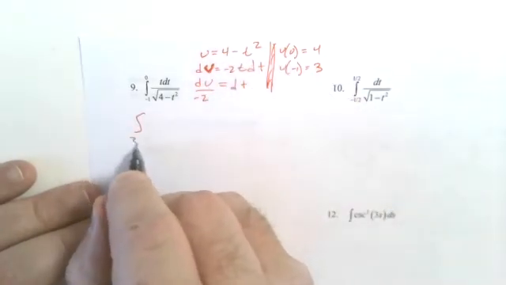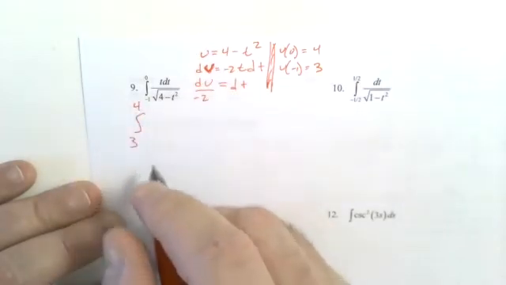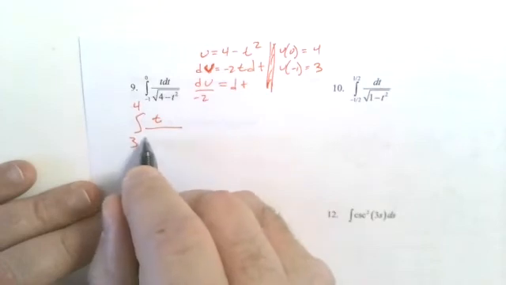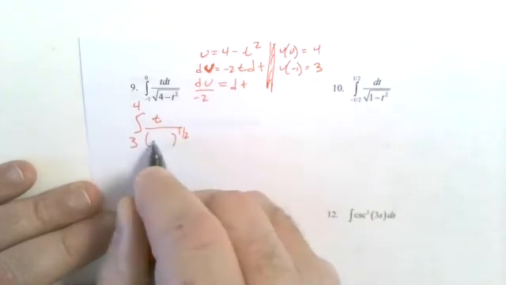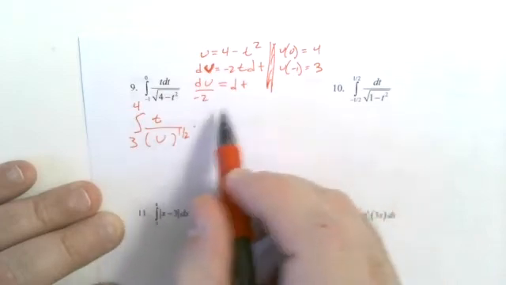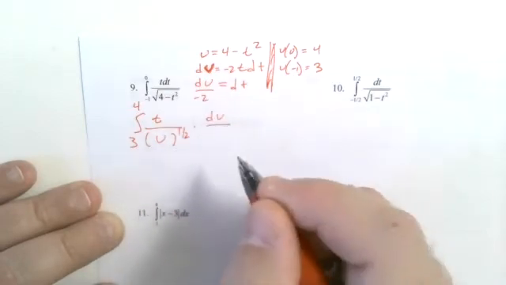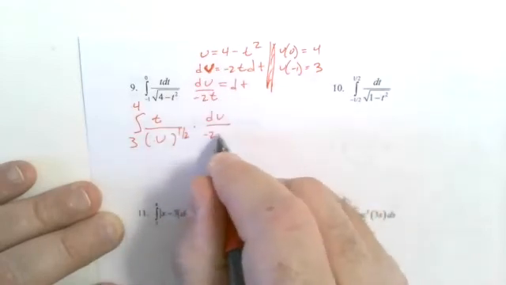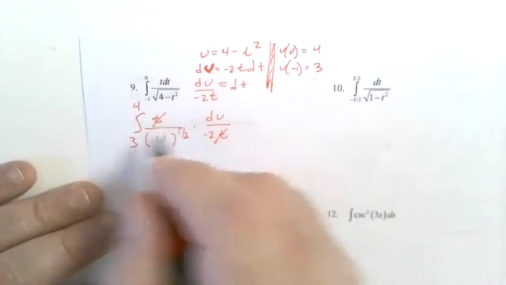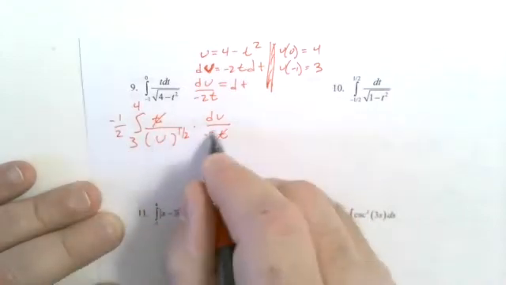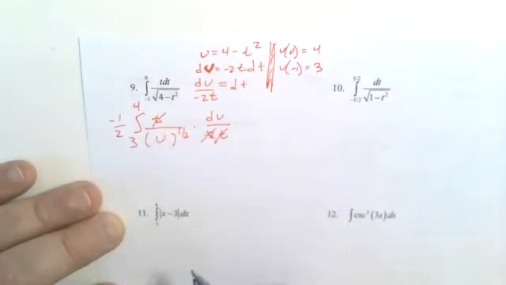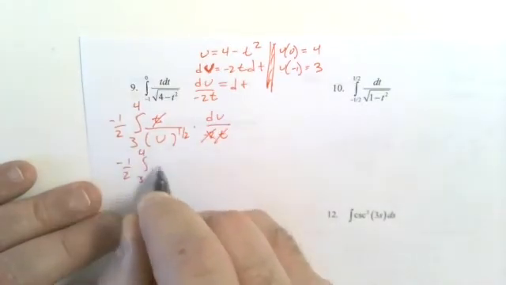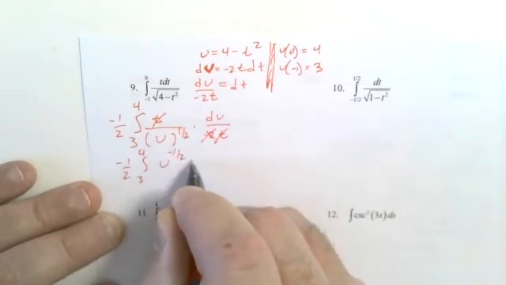Rewrite 3 to 4. t, u, du, forgot my t, over -2t by -1/2. Move that out front. -1/2 integral 3 to 4 u to the -1/2 du.